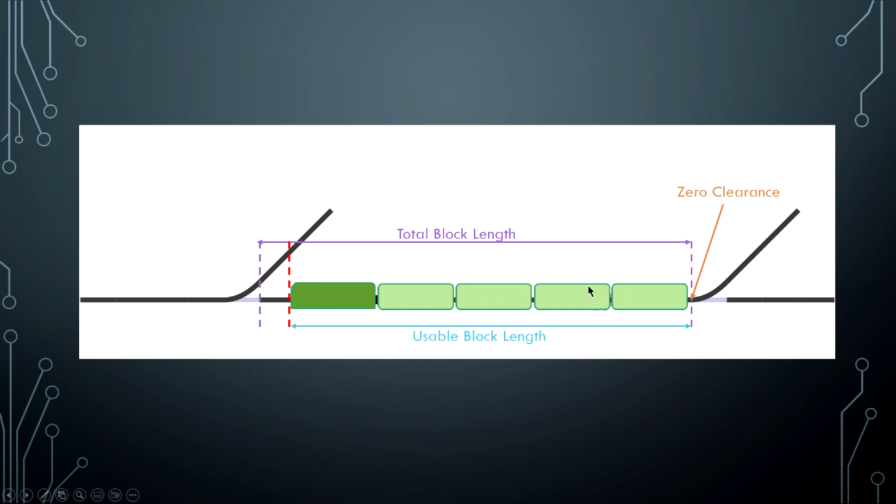In these blocks, a value for clearance should be set near the toe of the turnout to allow for variations in the stopping position of these long trains.